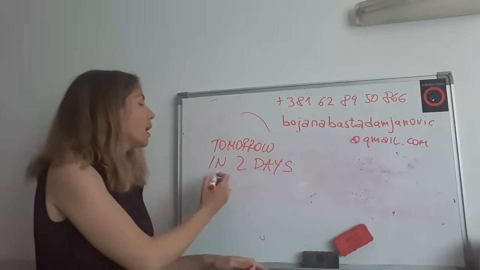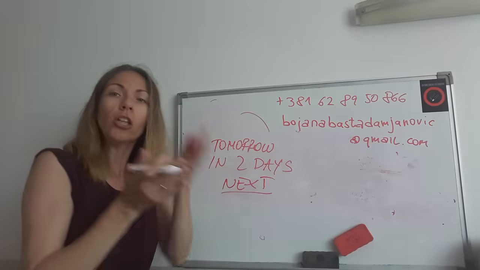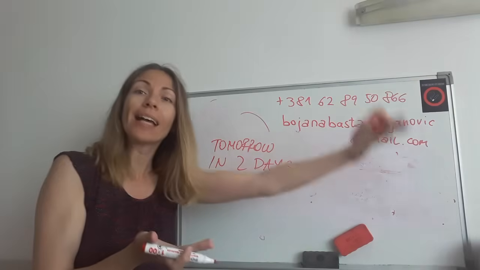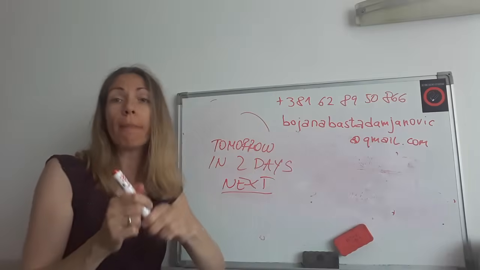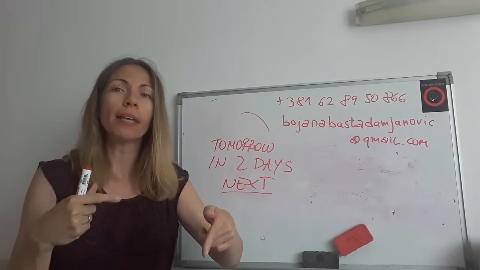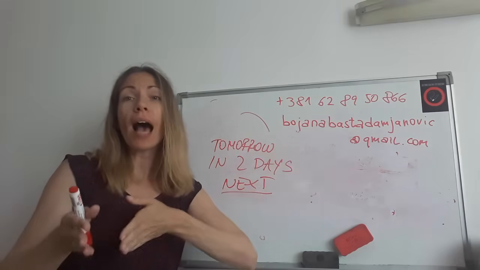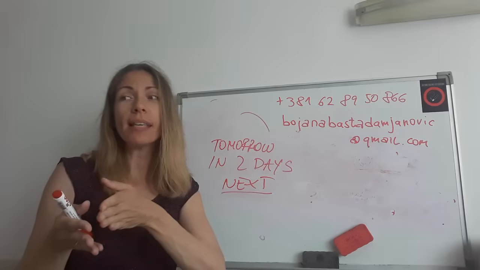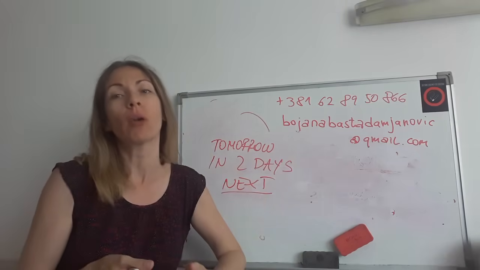Future. And then you can say next, okay? Not this week, next week. Not this month, next month. For example, now it's June, next month is July, okay? For example, now it's 2019, next year it's 2020, okay?